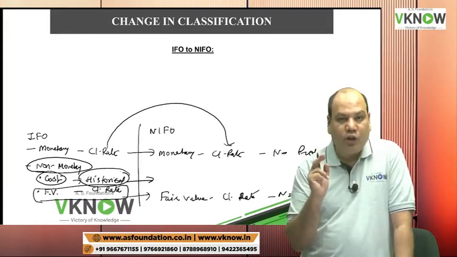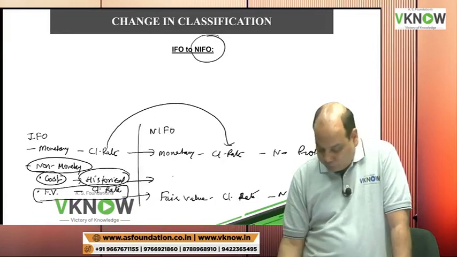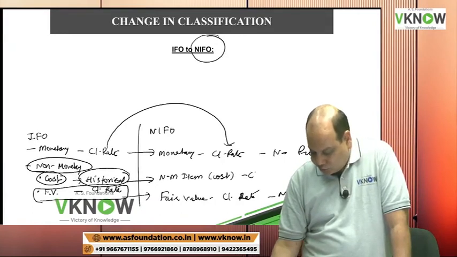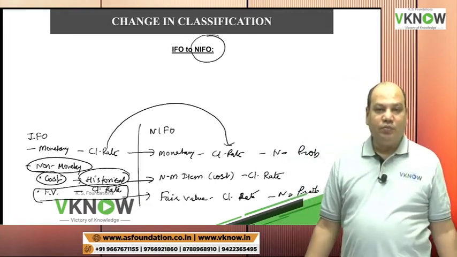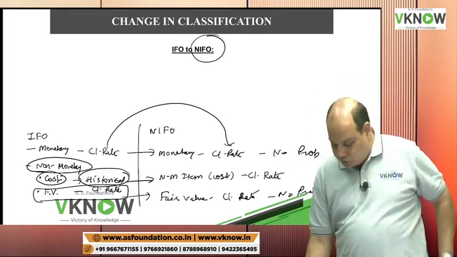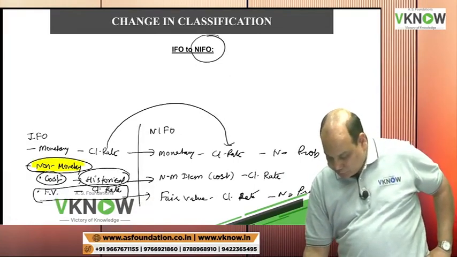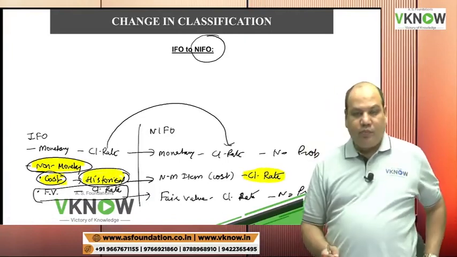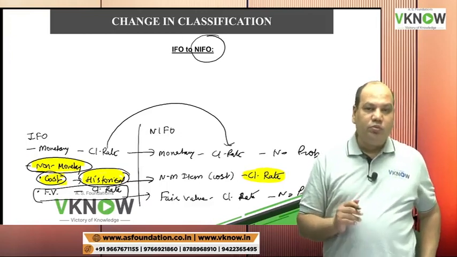Earlier we were following the historical model, but once it gets converted into NIFO, even the non-monetary items which are carried at cost will be measured at closing rate. So this is one item which will have to be revalued again, because earlier it was valued using the historical rate, now the new rate.